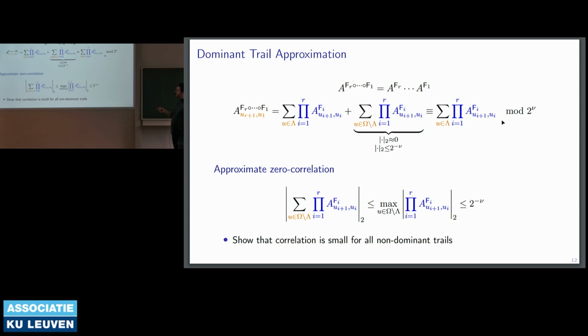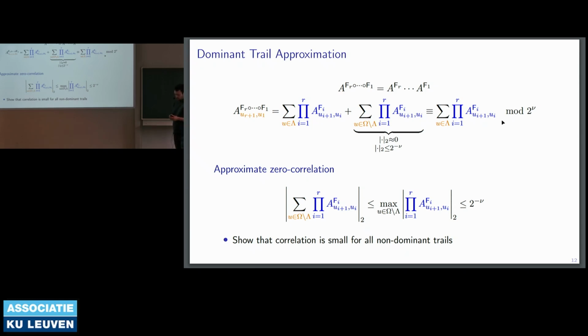Because if we bound each of these trails by 2 to the minus nu, then that also means that the sum is at most 2 to the minus nu. And then we can reduce modulo 2 to the nu and get rid of all these non-dominant trails. This is very similar to zero correlation linear cryptanalysis in the sense that we do prove something about the non-dominant trails, and in a way it's approximate zero correlation because we show that all of them are close to zero.